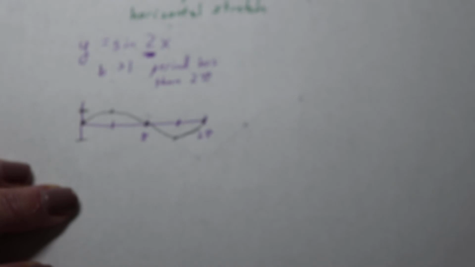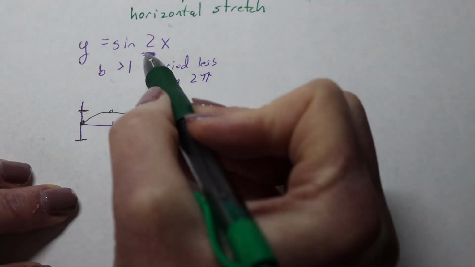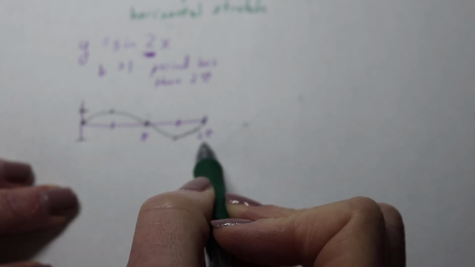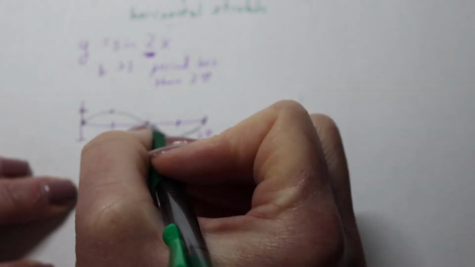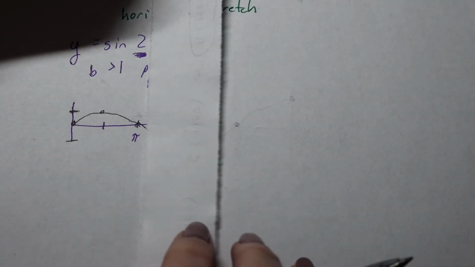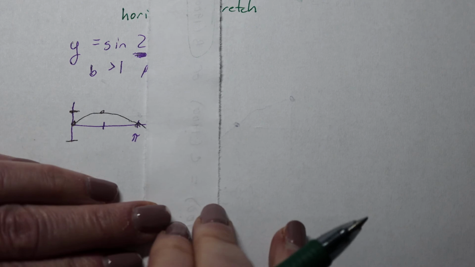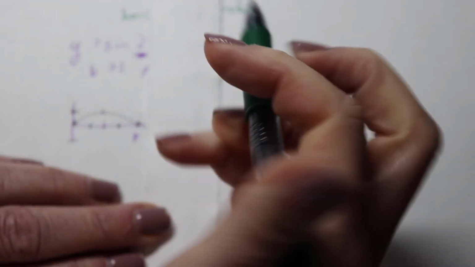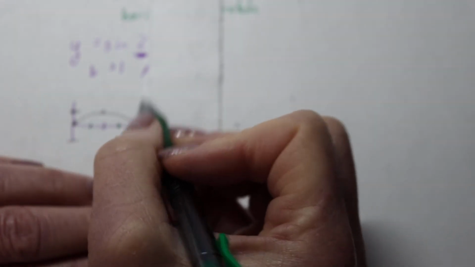Now, because of the 2, I need 2 of these to happen within 2 pi. So I'm going to cover up part of this for a second, and put 2 more pieces in here, because now the whole thing has to repeat from here to here.